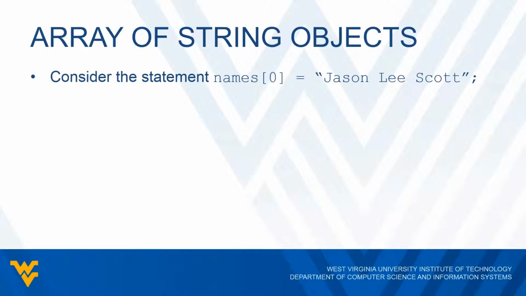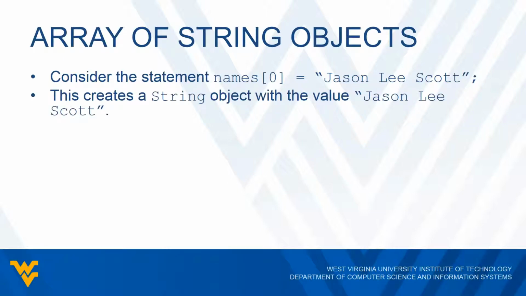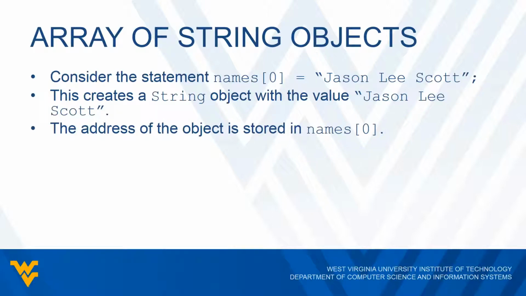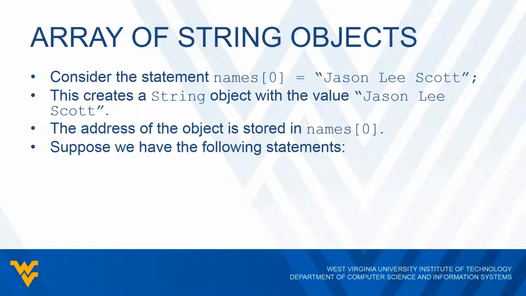So let's say I have the statement names[0] equals "Jason Lee Scott". So this line will create a string object and store the value Jason Lee Scott in that object. And the address of this object would be stored in names[0]. So then we can do this for additional lines. So we can have the following statements.